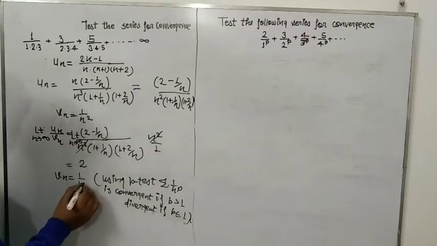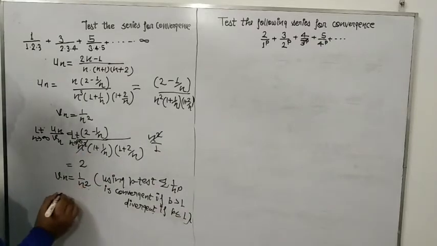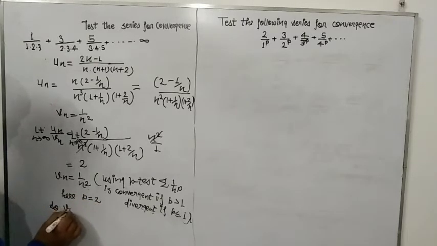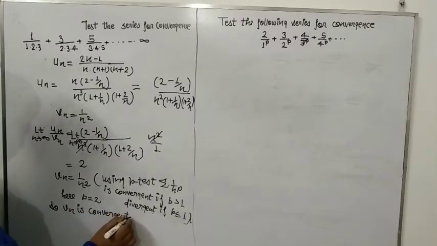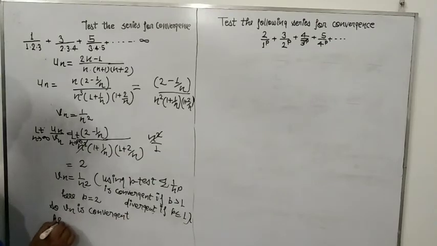Here p is equal to 2. So Vn is convergent, hence un is also convergent.